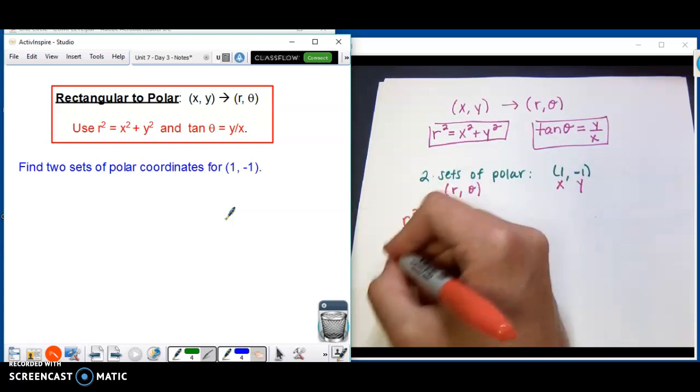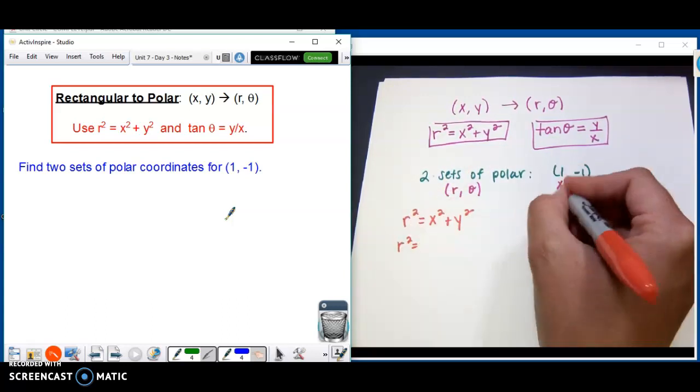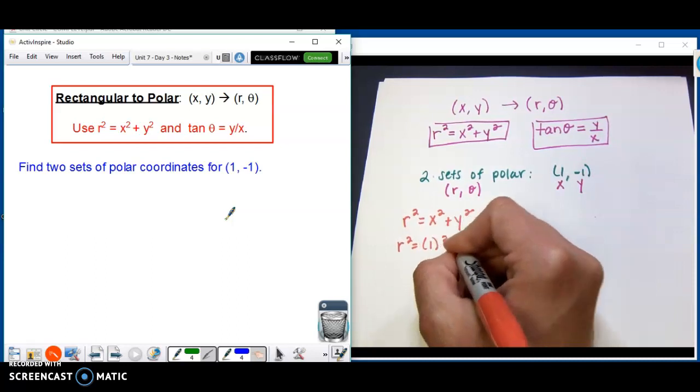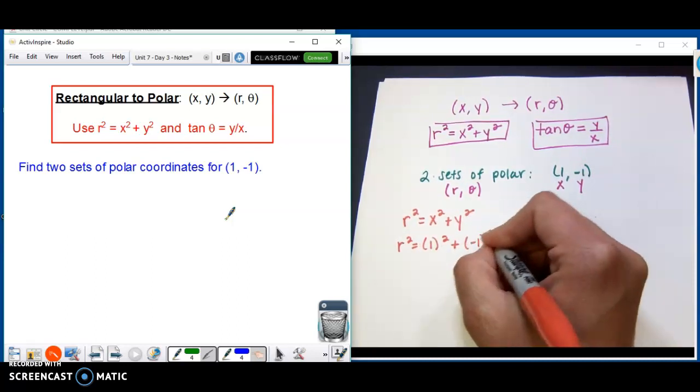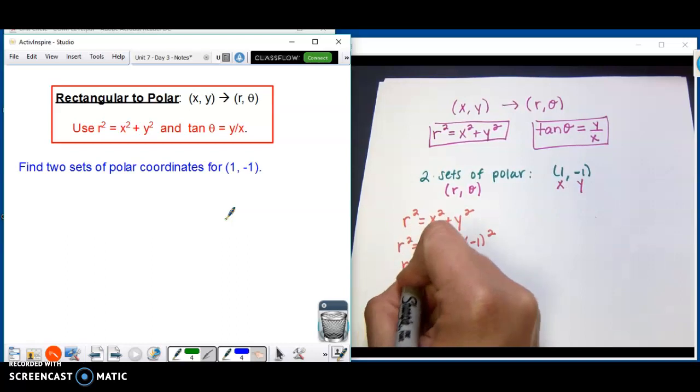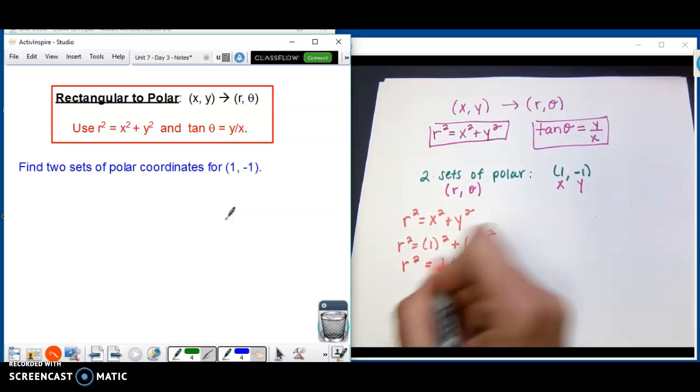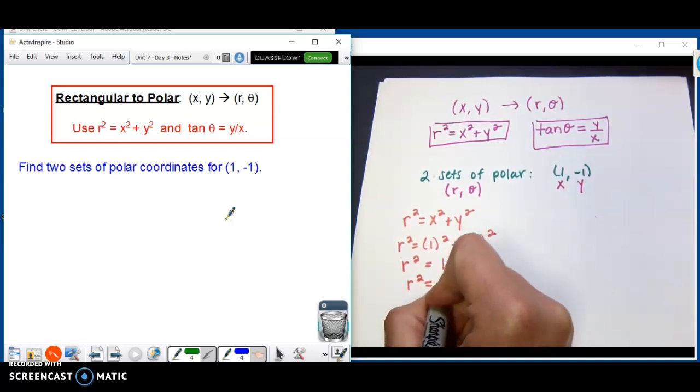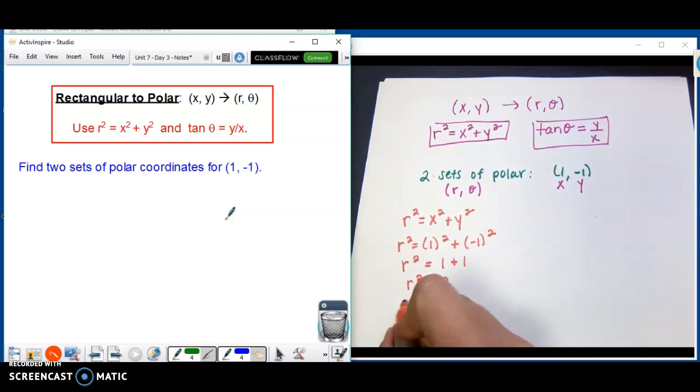So r squared is what I need. My x value is 1. My y value is -1. So r squared is going to be 1 plus 1. r squared is 2, so my radius is going to be the square root of 2.